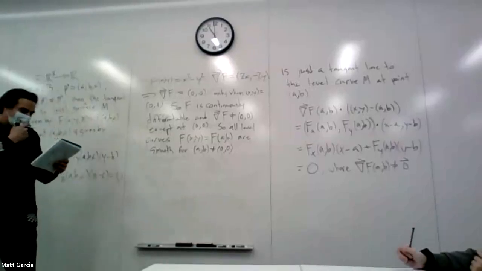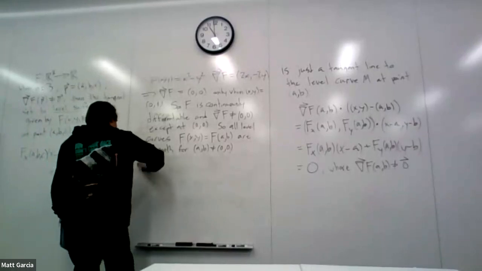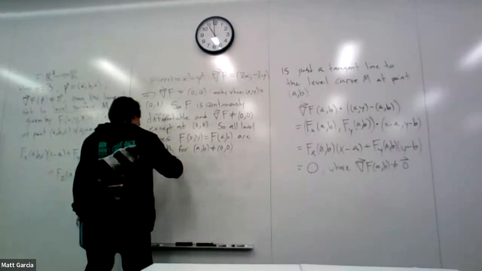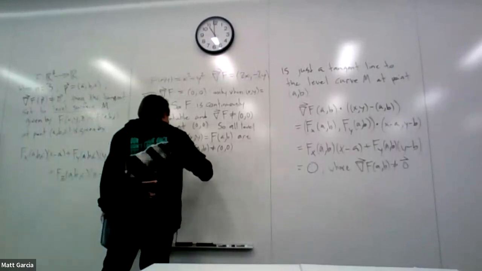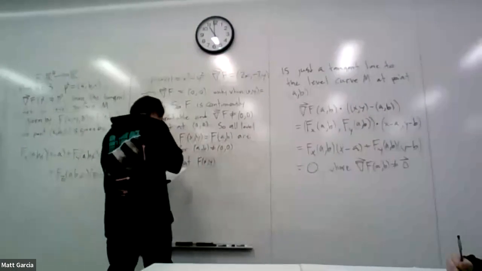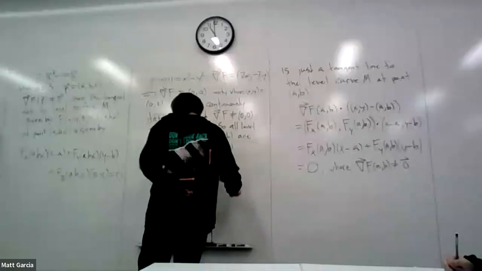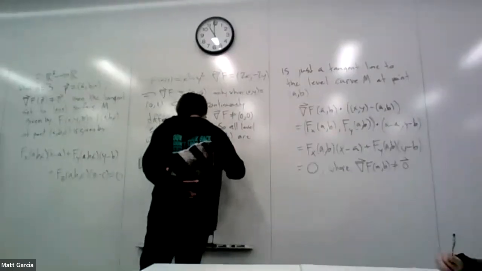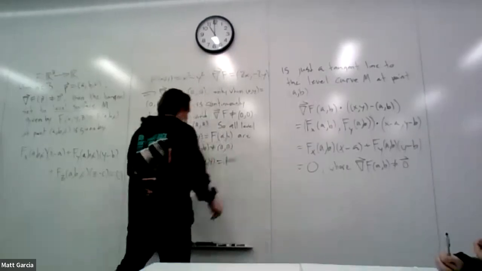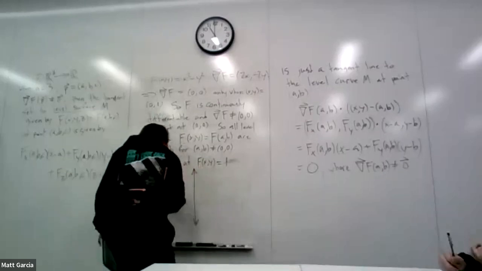Okay. So let's look again at f of x comma y equal to 1. Right, not negative 1, 1. We graphed this on Monday.